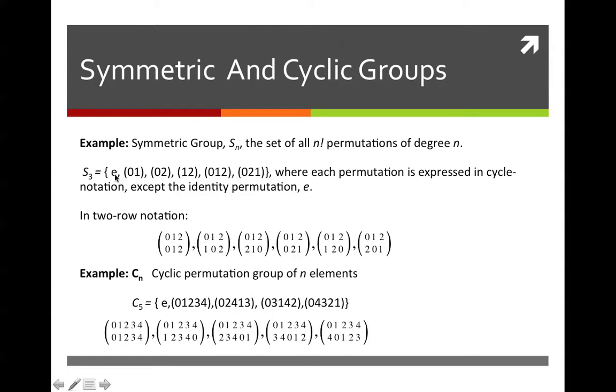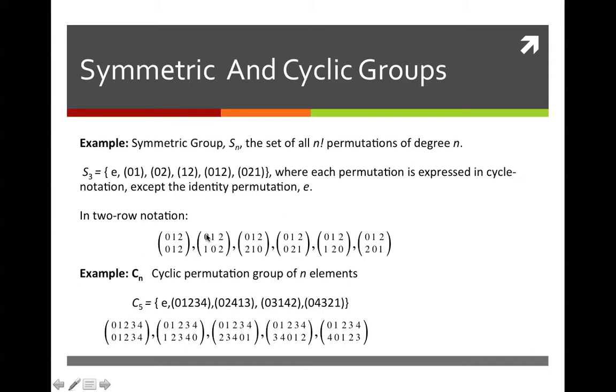Of course, the identity, one that fixes everything to itself, 0 to 0, 1 to 1, and 2 to 2, is denoted by E. And in two-row notation, which is also used, we could express these permutations like so. So 0 goes to 0, 1 goes to 1, 2 goes to 2. And this, of course, is 0 goes to 1, 1 goes to 0.